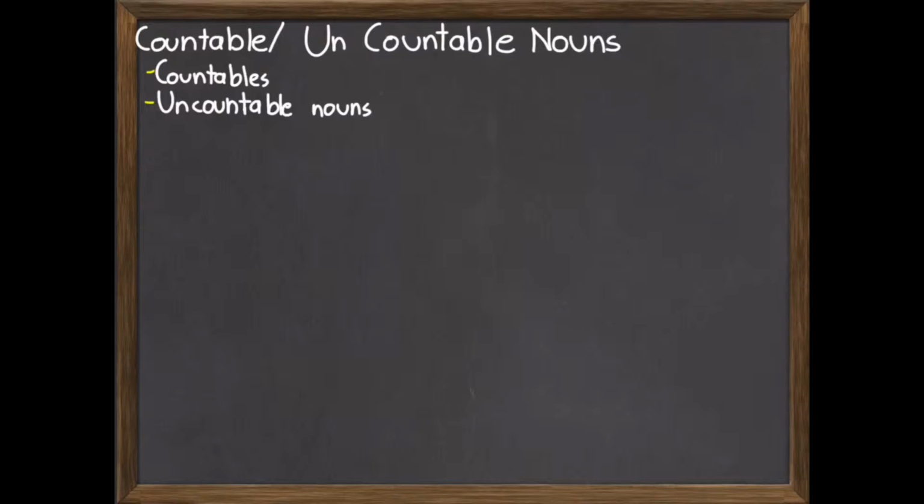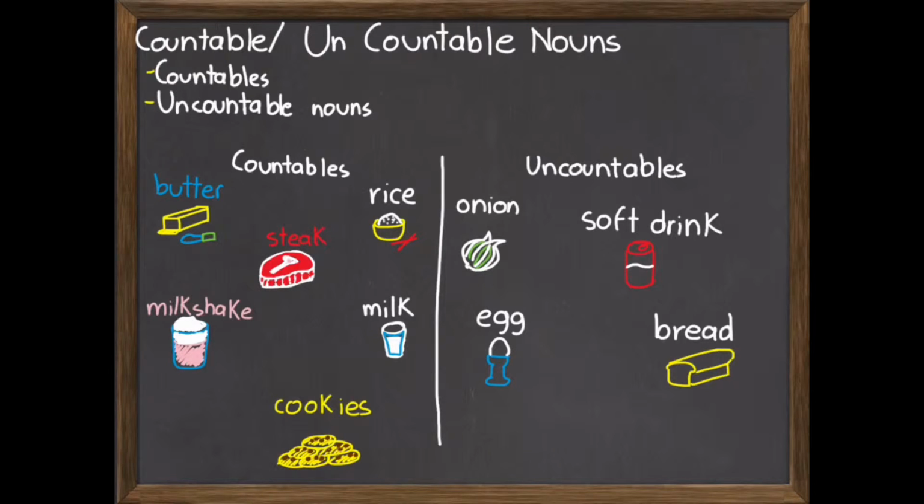Now, you already saw the next picture that I'm going to show you. It's a set of objects, vocabulary words that we'll learn during this module, and we're going to arrange them, countables and uncountables. For example, butter. Is butter a countable?